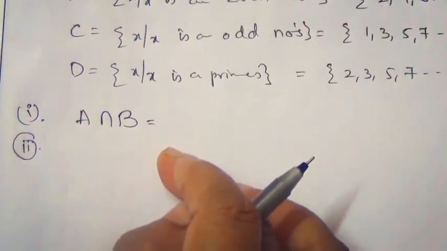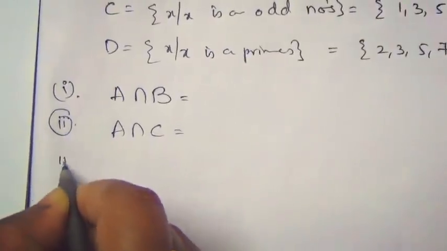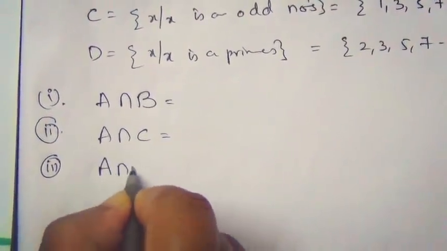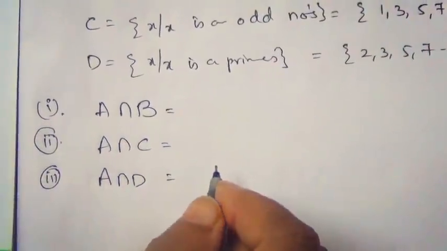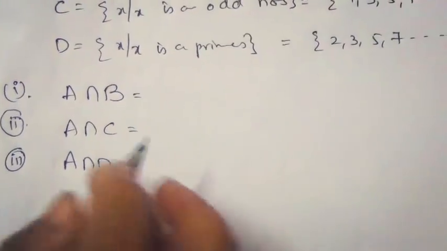Okay, A intersection C, you just do it. All the sums in the fifth sum, you just do by your own and comment the final answer to me. Okay, this fifth sum.